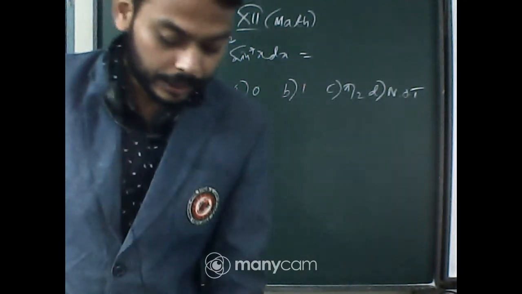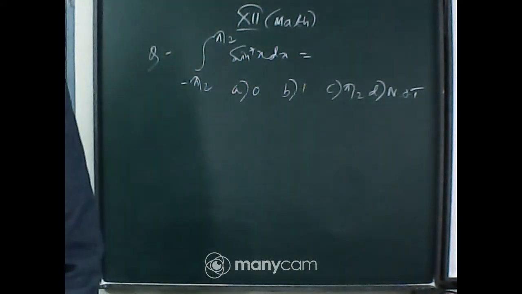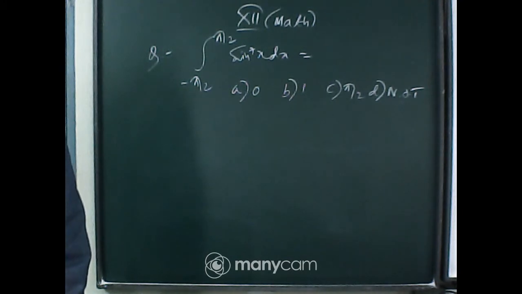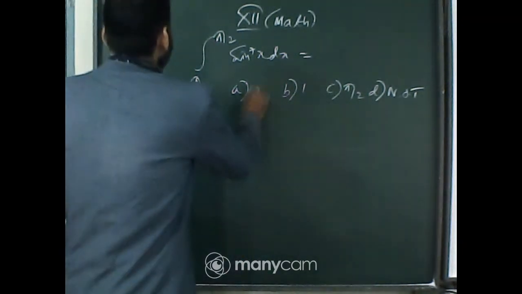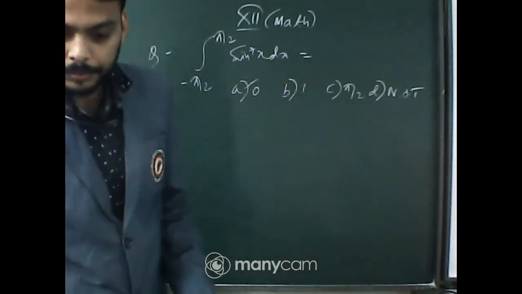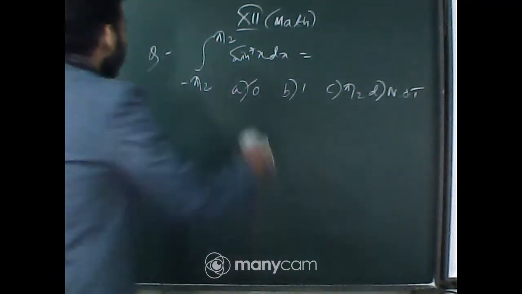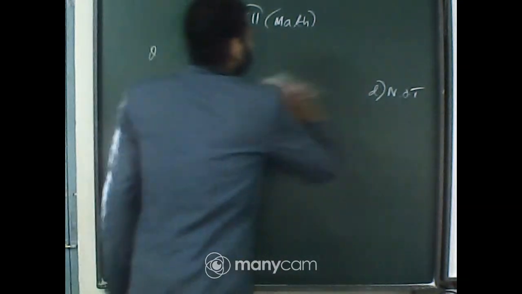Akash says option A. Rest of the students, which one is correct? Option A. Very good. Option A is the right answer. So move on to the last question, today's last question.